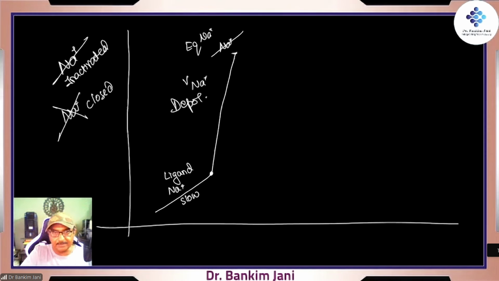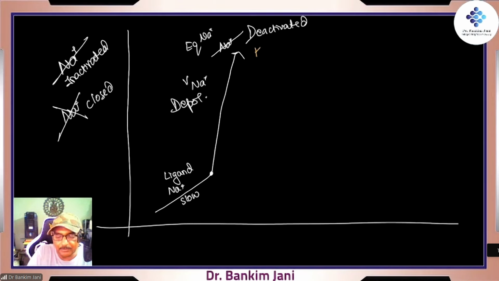So the channels would be deactivated, inactivated or deactivated. This is very important. It is deactivated and it will remain deactivated till the RMP, resting membrane potential, is reached. So now sodium cannot enter. Sodium's game is done.